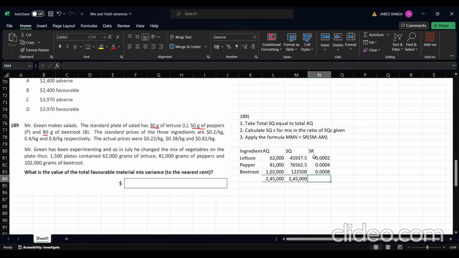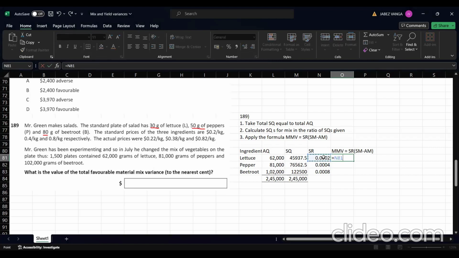So now what is material mix variance? Material mix variance is equal to the standard rate into, in bracket, the standard quantity minus the actual quantity. We will also adjust it for the negative values.